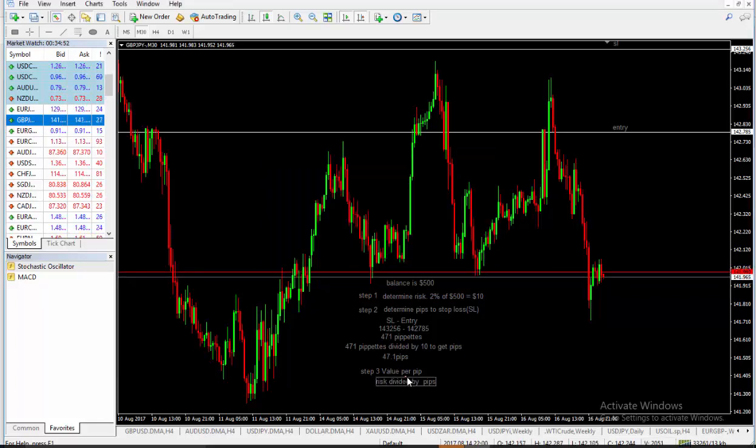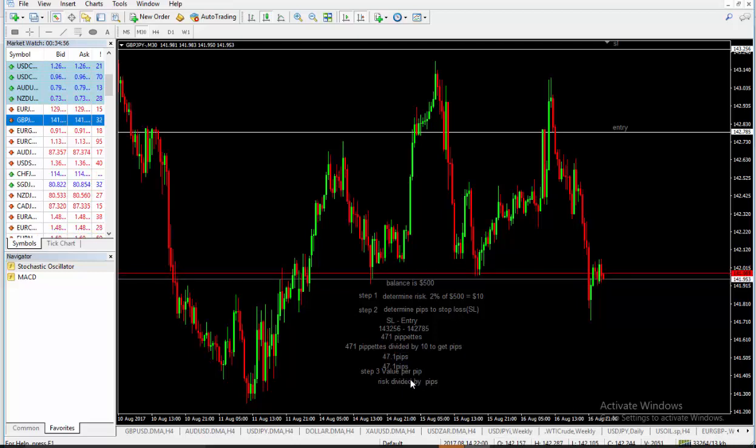You have 47 pips there, and $10 as your risk.